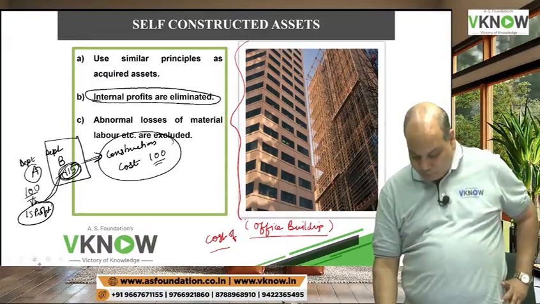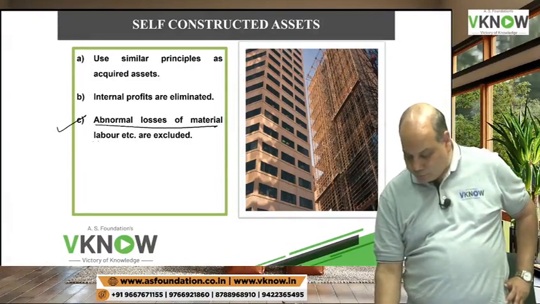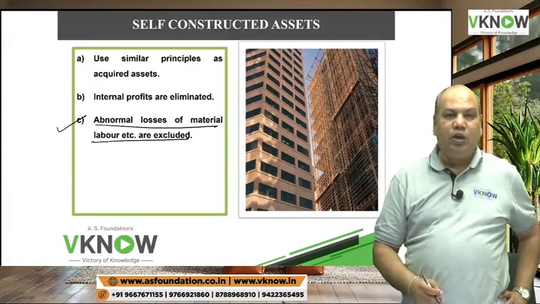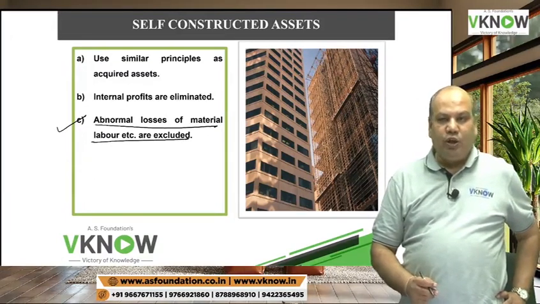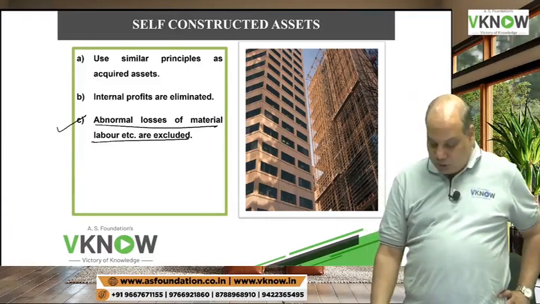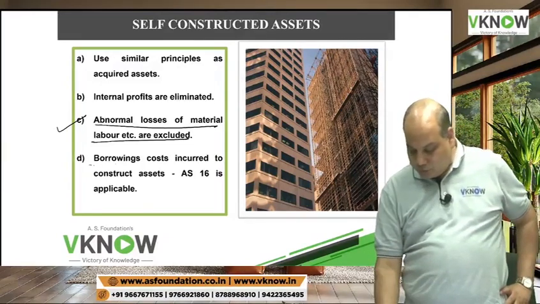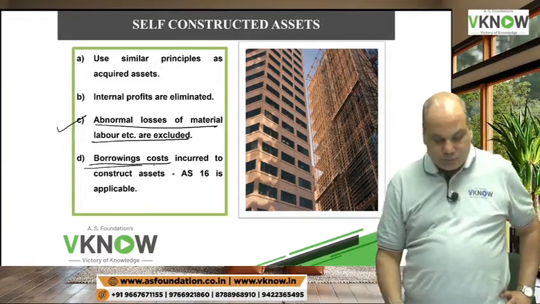Next point, which you already know, abnormal losses of material and labor are excluded. So any abnormal loss of material, abnormal labor cost will not be included. What about the borrowing cost?